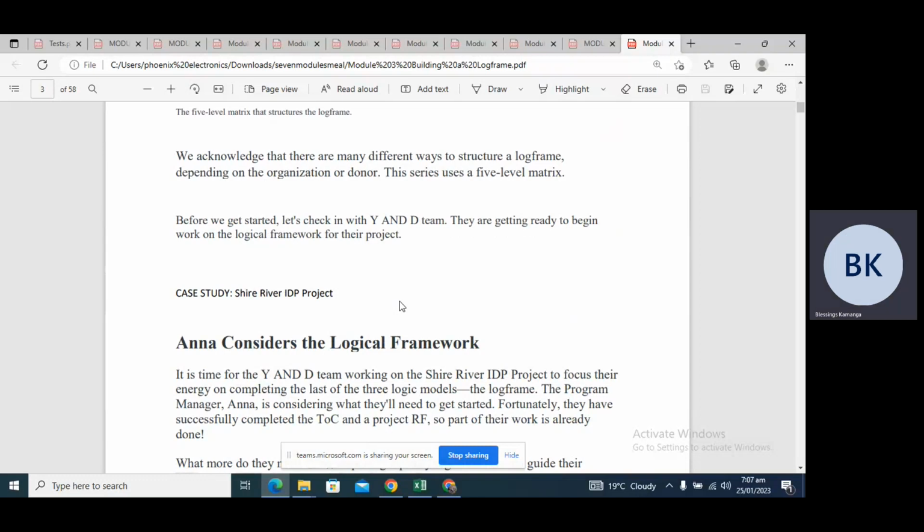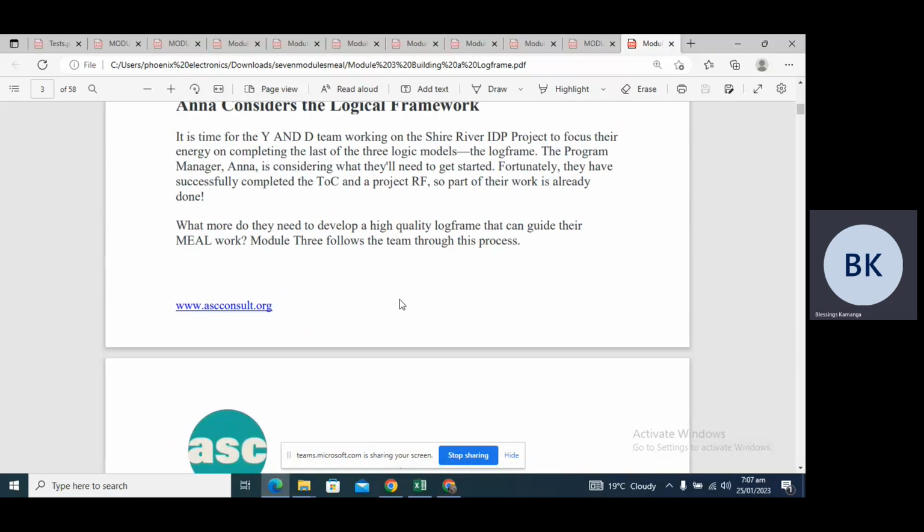And the manager, whom we can call Anna, is considering how to get started. So first of all, you have to create a theory of change as the first framework. In this particular case study, Anna has already created these two, and we're deriving the logical framework from them. The theory of change was the first framework. So what do we need to develop a high quality logical framework that can guide the project?